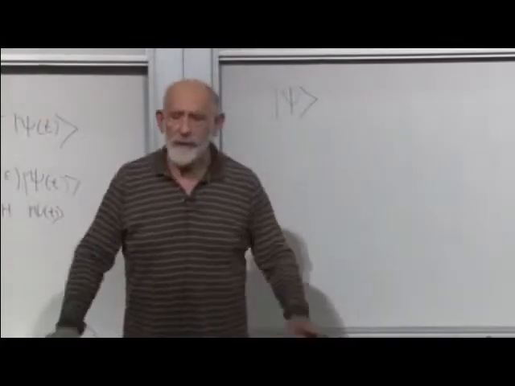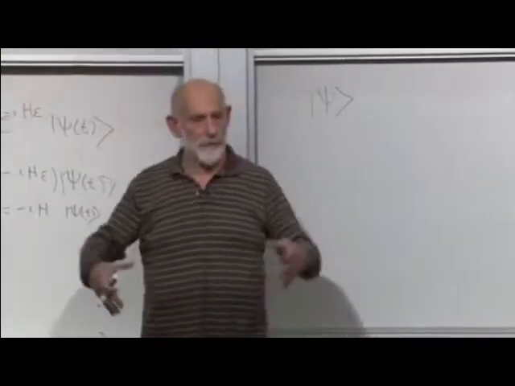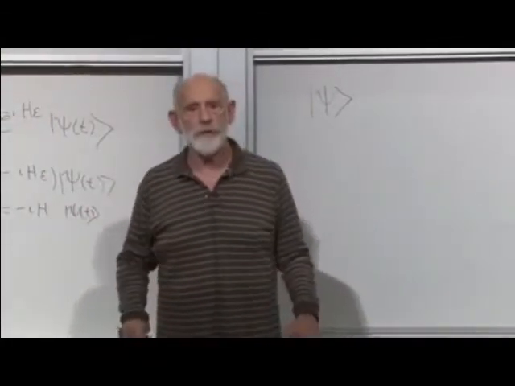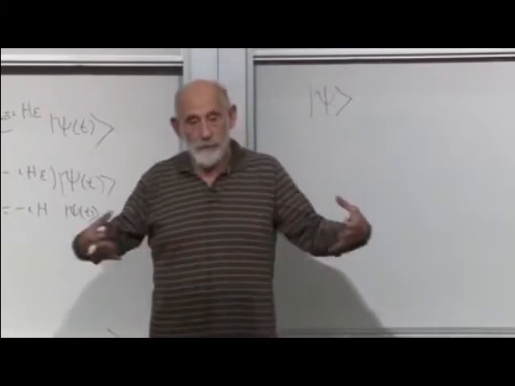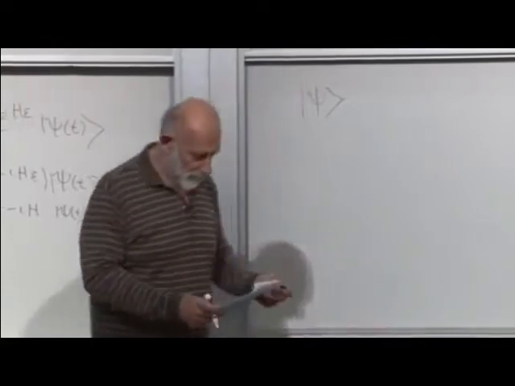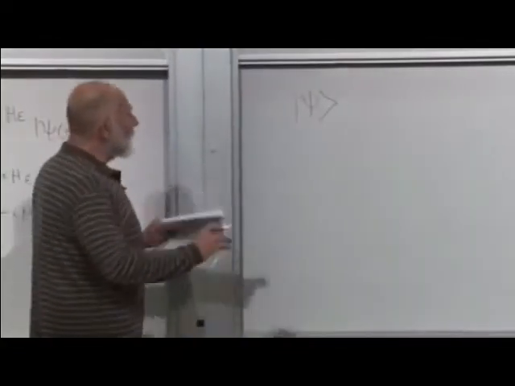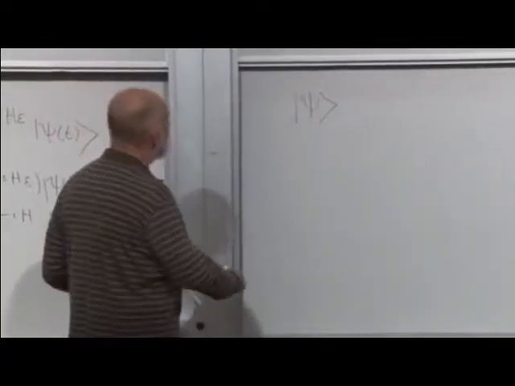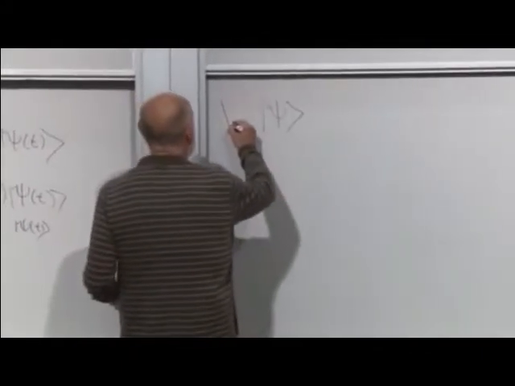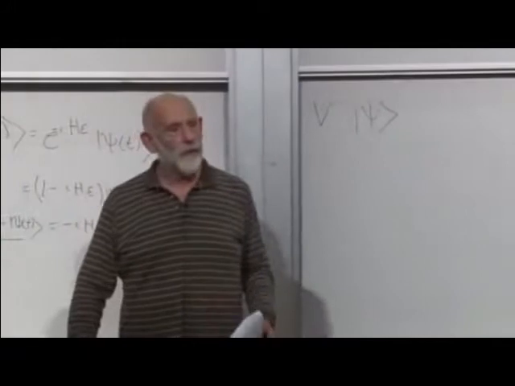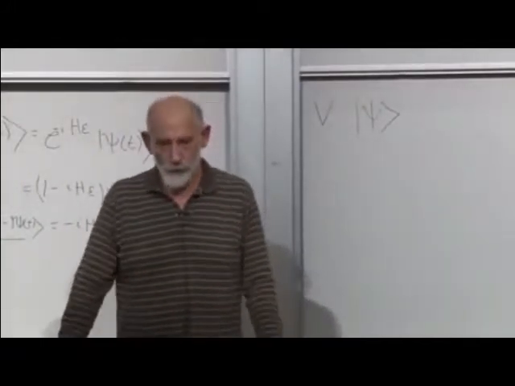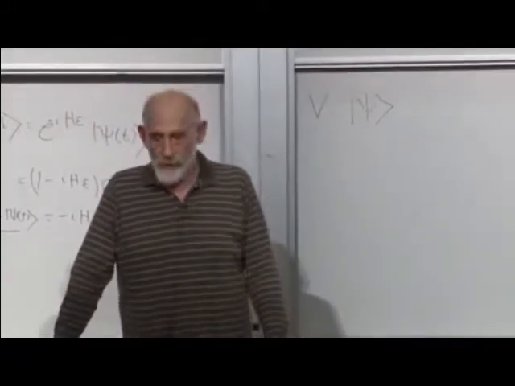That operation might correspond to rotating the system, it might correspond to translating the system, or it might correspond to something uglier than that, like squeezing it or stretching it, but doing something to it. And let's represent that by an operator V. I use V because I've already used U, but I intend it to be a unitary operator.